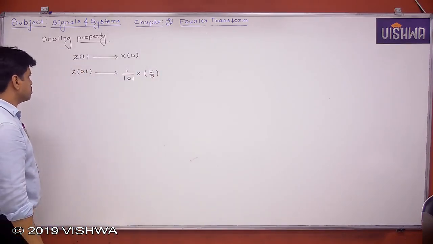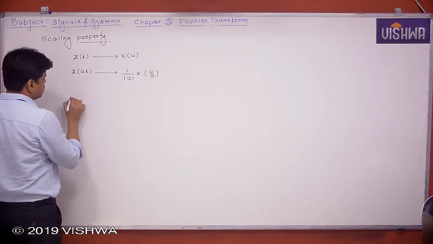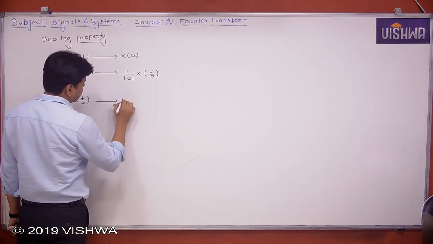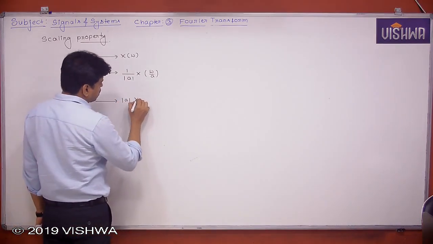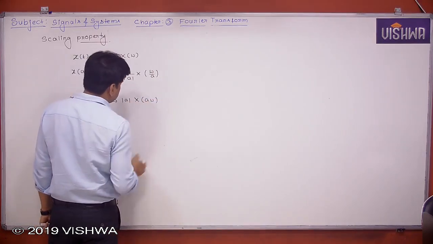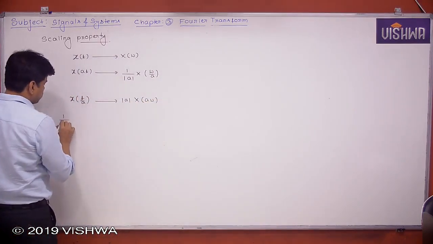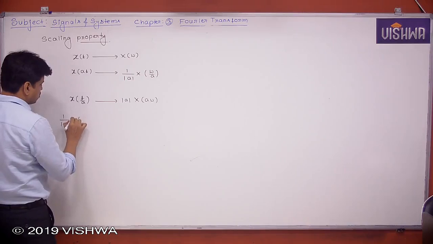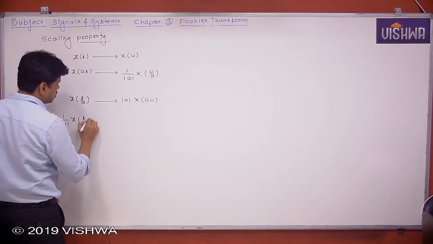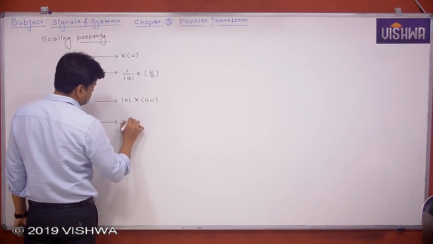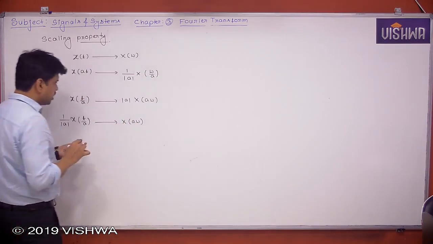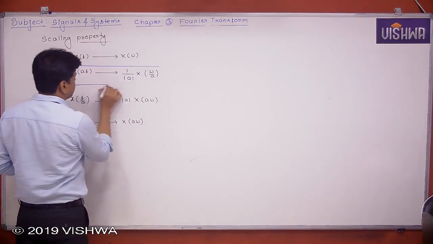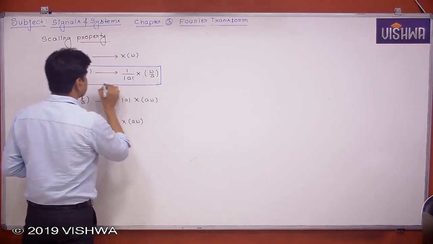This is very important. Suppose I take x of t by a, similar to this, we have to multiply with mod a x of a omega. Or if I bring it here, 1 by mod a x of t by a, x of a omega. If you observe carefully these two formulas, they look exactly the same.